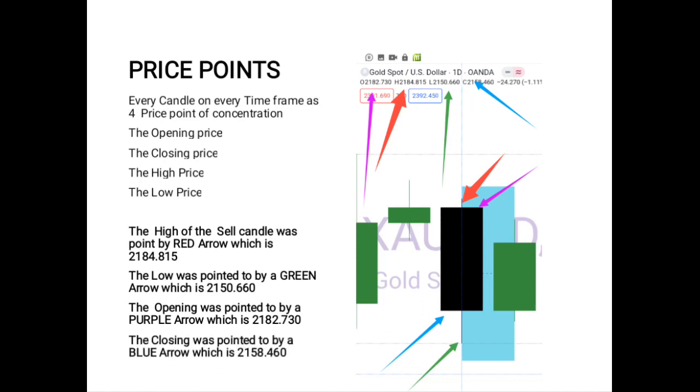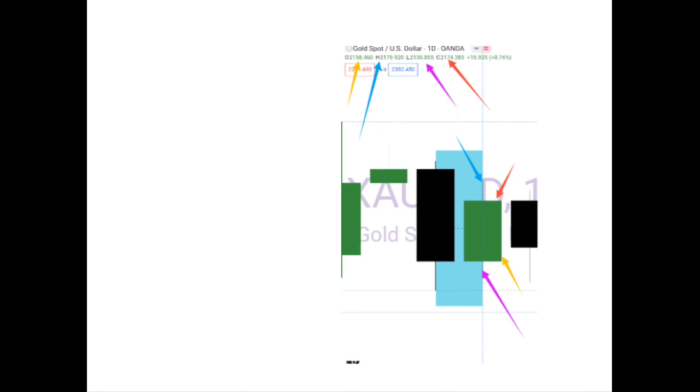The closing point was pointed to by a blue arrow, which the digit comes in at 2158.460. That was the candle we have on the 12th on gold on the 12th of March 2024. So those are the points for the bearish candle.